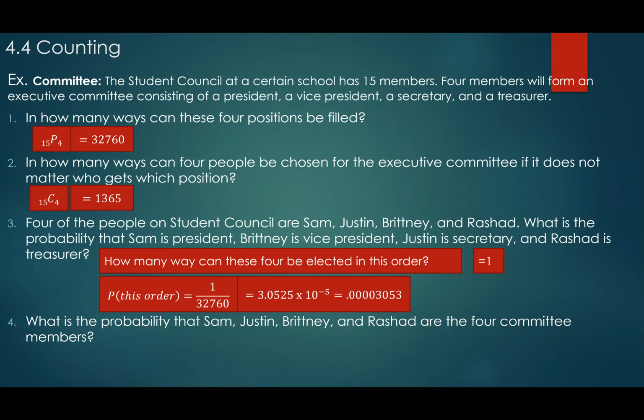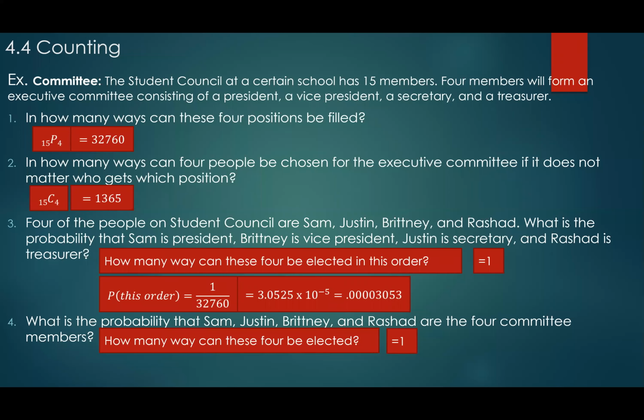But because they ask us for probability, same idea, you have to ask yourself, how many ways can these 4 people be selected? Again, it doesn't matter which one holds which position. In general, I just need to have these 4 people in this committee. And do you agree that there's only one way? Let's say Jennifer cannot be in this group, because this is the only way that these 4 people are in this committee.